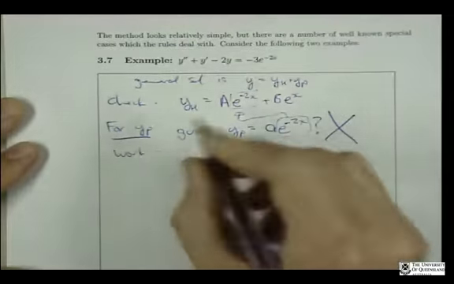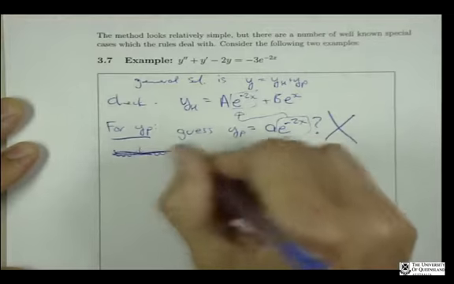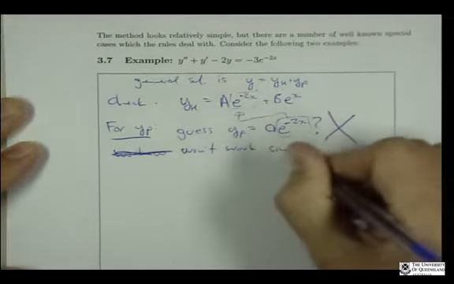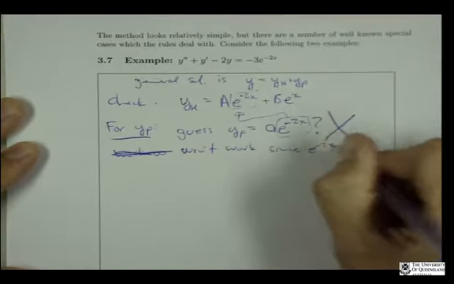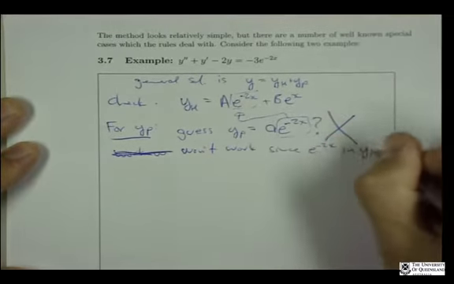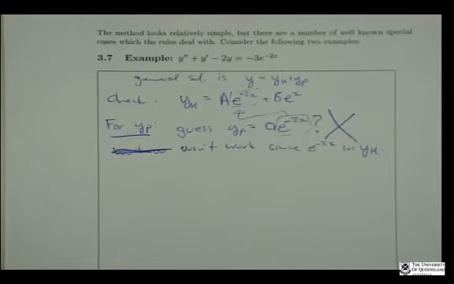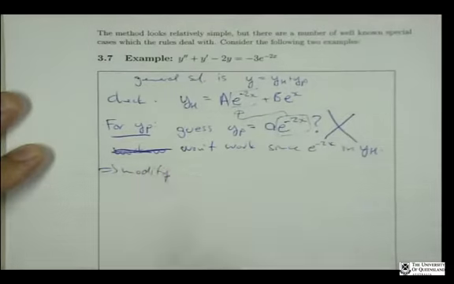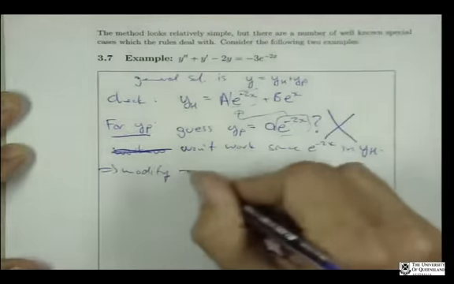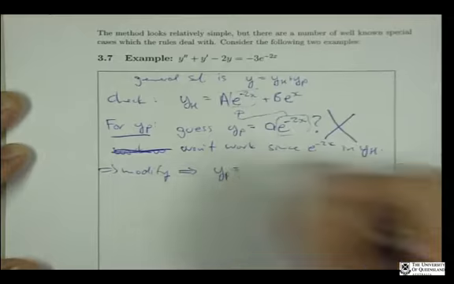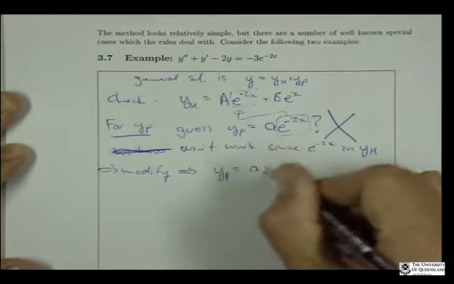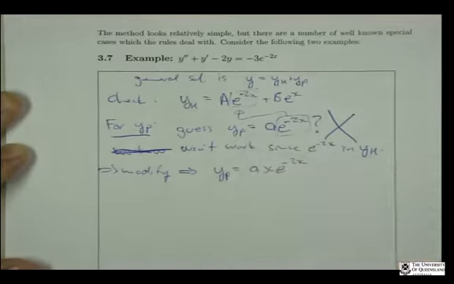Maybe I'll just make a note: it won't work since e to the -2x is in yh. So we modify the guess by just multiplying through by x. So our new guess will be a times x e to the -2x.